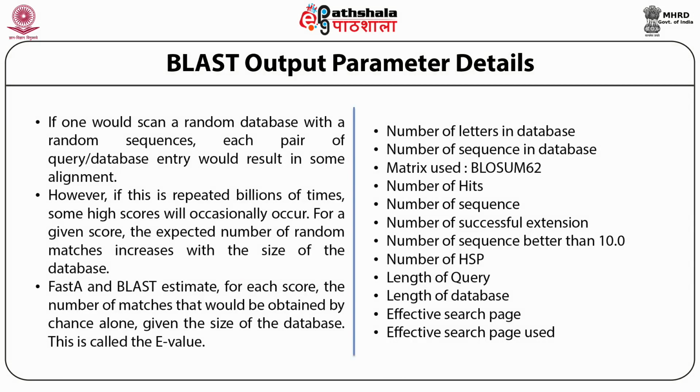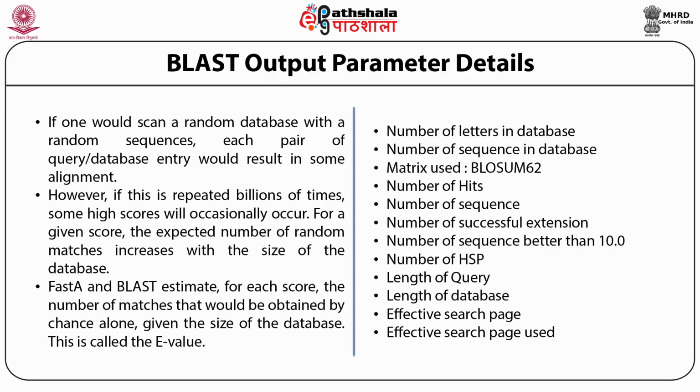Apart from the graphical display, you will also have a text document, which tells more details about the BLAST output. On the right-hand side, I am showing you what information you will get. You will get the number of letters in the database, that means how many amino acid letters have been searched.